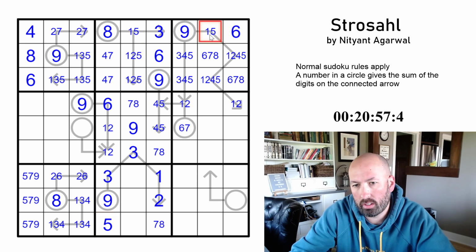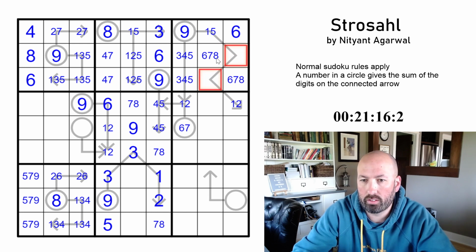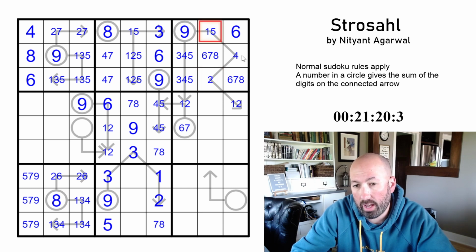This was 1, 2, 4 or 1, 2, 5. If it's 1, 2, 4, it would have to be 1, 2, 4, 2. So this would have to be 4. So it would be 1. All right, let's get rid of that. So this would be 1, 4, 2. If it's 5, then these would be 1, 2, 5 with a 1.